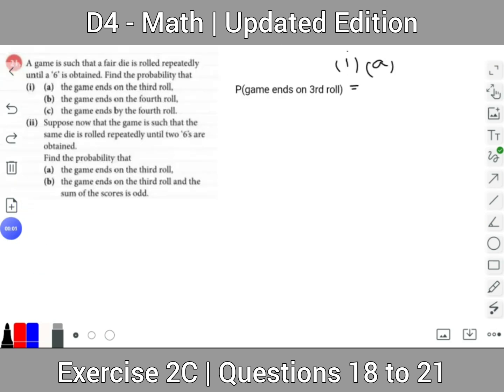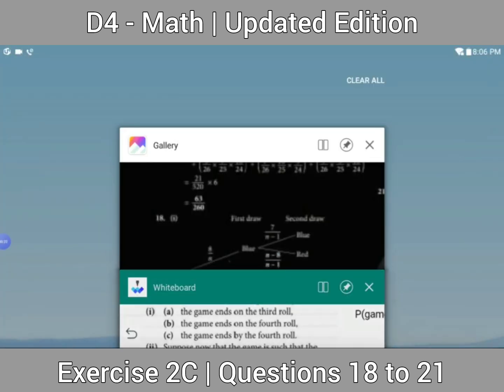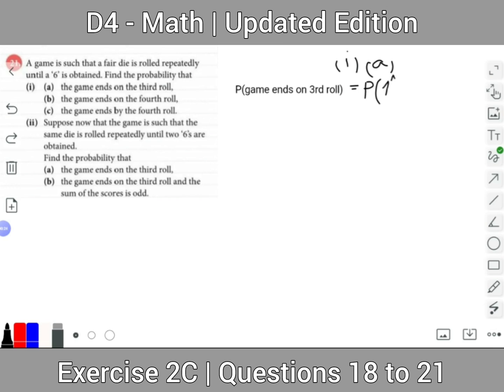Now the question 21, a game is such that a fair die is rolled repeatedly until a 6 is obtained. Find the probability that in the part 1, A, the game ends on the third roll. So here we have the probability that first and second roll are non-6 and third roll is 6.